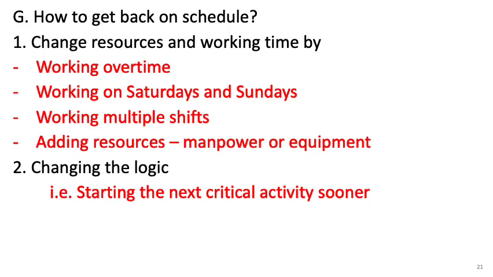All right, so there are different ways to get the project on schedule. Ask the worker to do overtime, ask the worker to work on Saturdays, Sundays. You can work multiple shifts, or add resources, use more powerful equipment. Sometimes you may have to change the logic on the schedule. With that, you can reduce the project duration and avoid project delay.